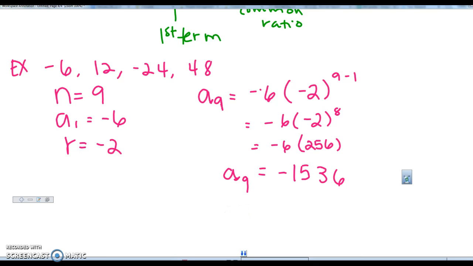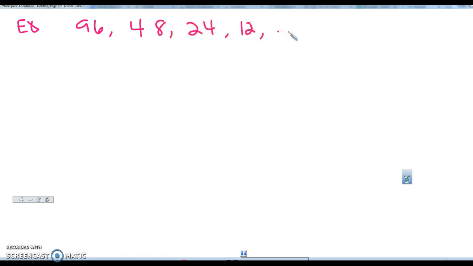So let's try one of these on our own. We're going to start with a sequence that is 96, 48, 24, 12, and so on.